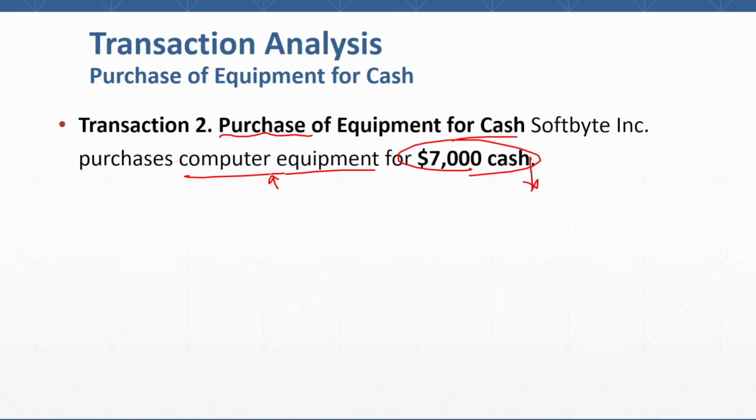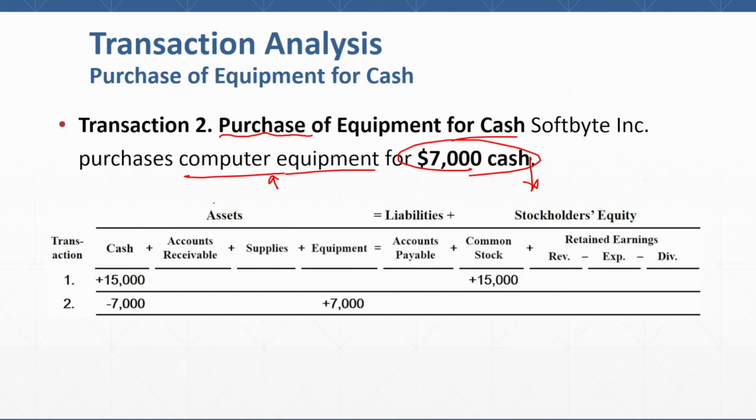Let's see how it works in our accounting equation. So again, we are here. In the second transaction, the first line is just for the previous one. In the second transaction, we gave up our money. We paid in cash. We gave up our money. Cash went down.